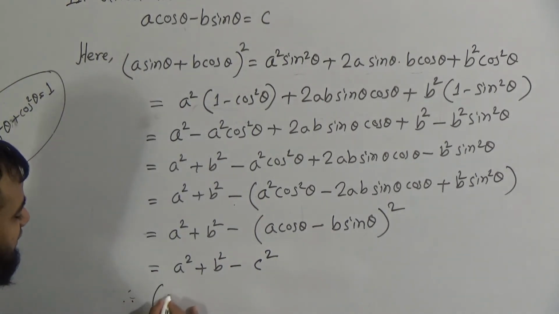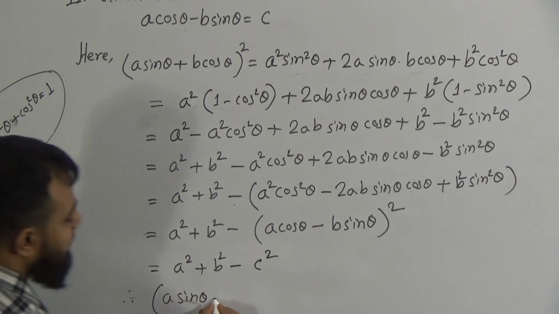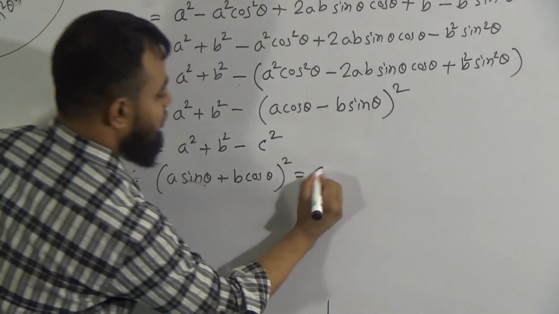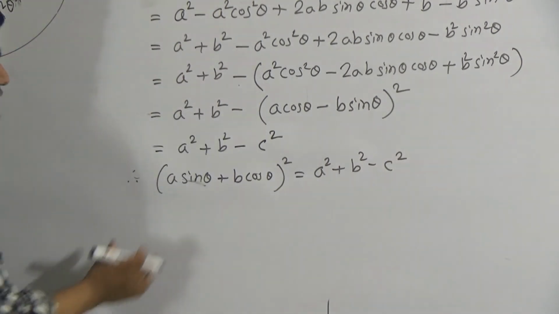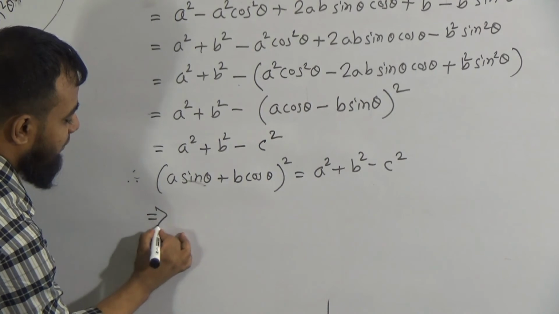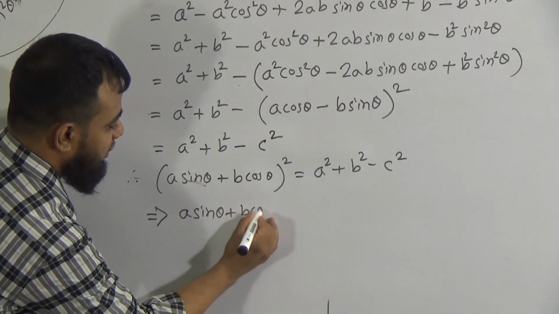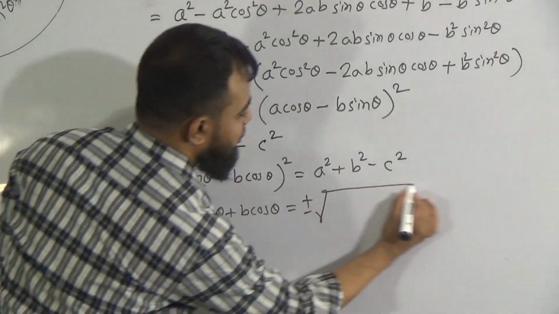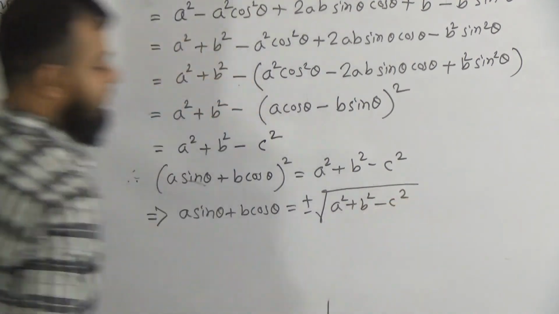Therefore, (a sin theta plus b cos theta) whole square equals a square plus b square minus c square. We need to find this value only, no need for this square on the left side. Therefore, we can write that a sin theta plus b cos theta equals plus or minus square root of a square plus b square minus c square. This is our required proof.